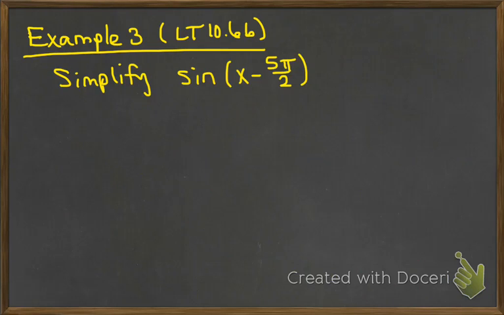First example of learning target 10.6b is simplify the sine of x minus 5 pi over 2. So we're going to use that sine of u minus v equals the sine of u cosine of v minus the sine of v cosine of u.